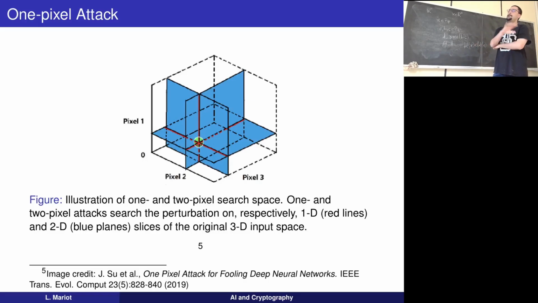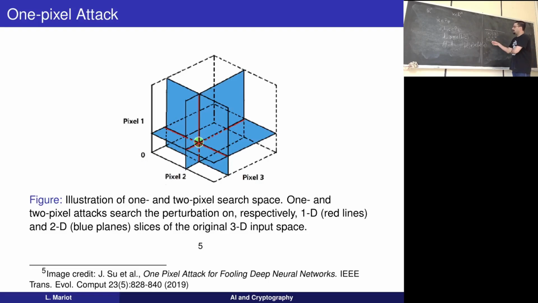Then we can represent the space of all possible images as a 3-dimensional cube, because each direction is itself a 3-dimensional vector where you have the coordinates R, G, and B, and then each of them can be a number between 0 and 255, because we are considering an 8-bit depth for our images.